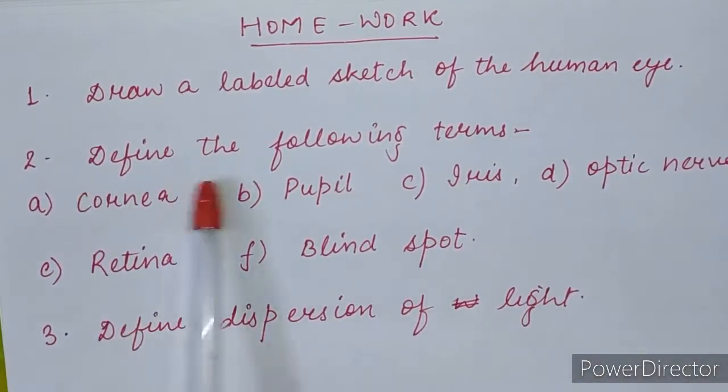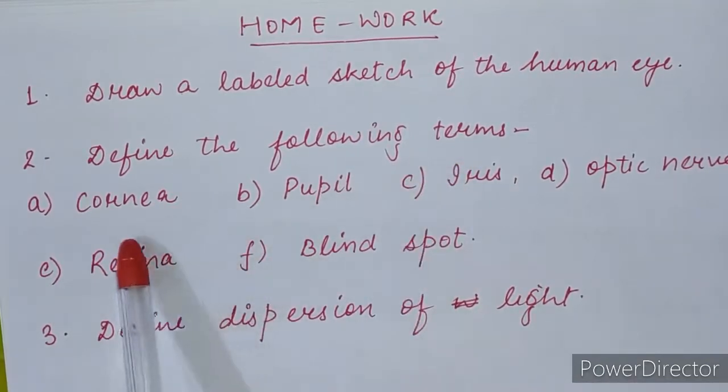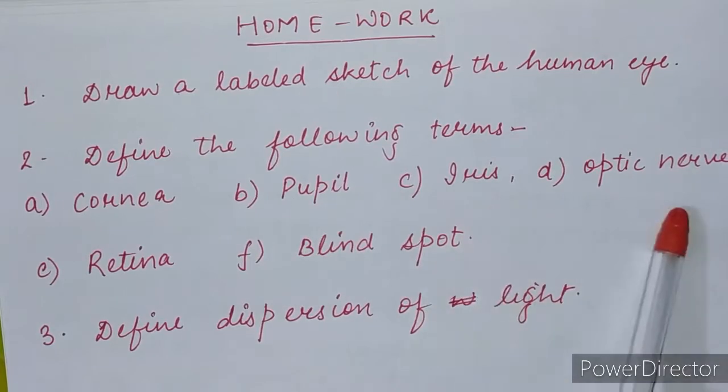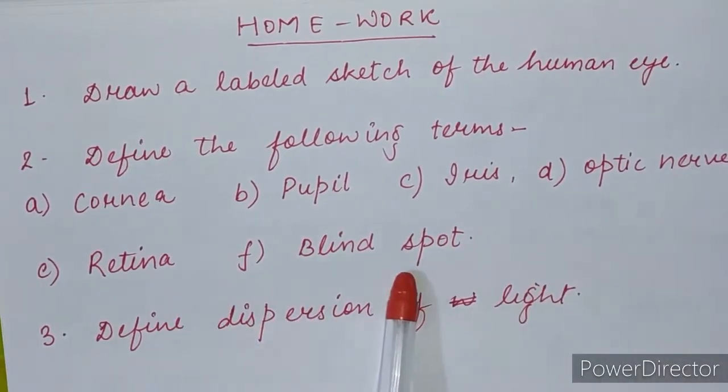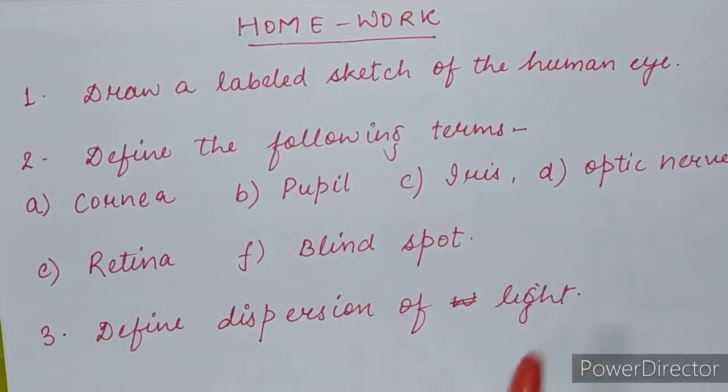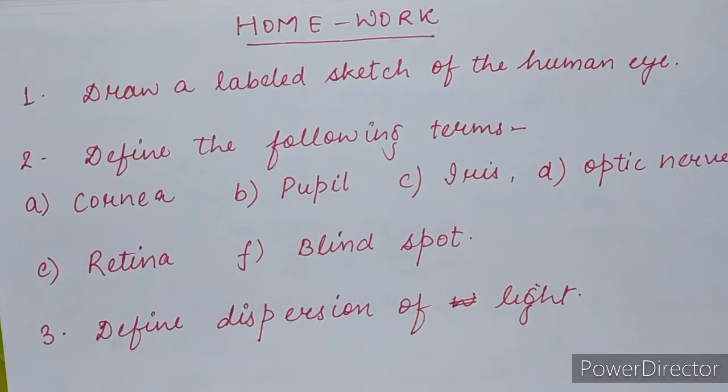Second question is, define the following terms: cornea, pupil, iris, optic nerve, retina, and blind spot. And the third question is, you have to define the dispersion of light. So these 3 questions are your today's homework, and I hope you all are enjoying the video. Do your homework in your notebook. Clear, beta? Thank you. That's all for today.